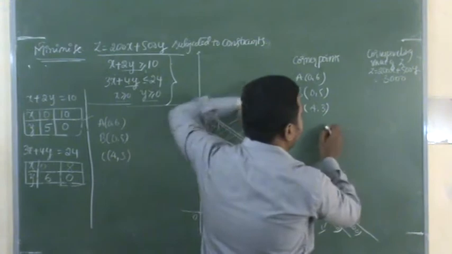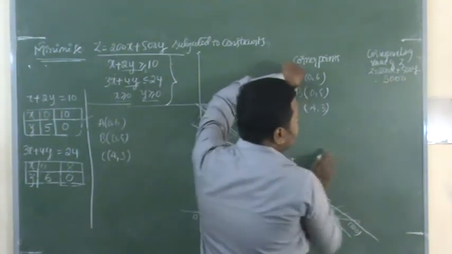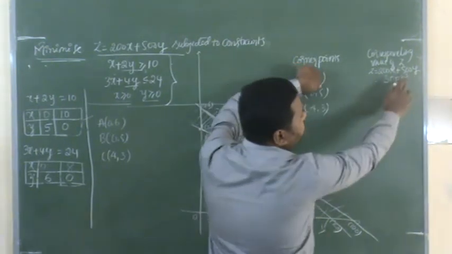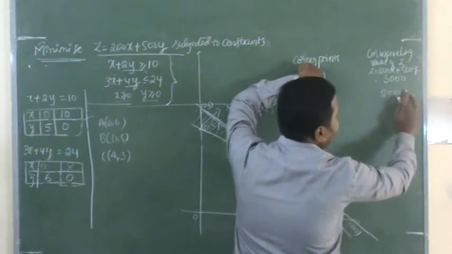Now for point B, x is equal to 0 and y is equal to 5. 200 into 0 is 0, and 500 into 5 is 2500.